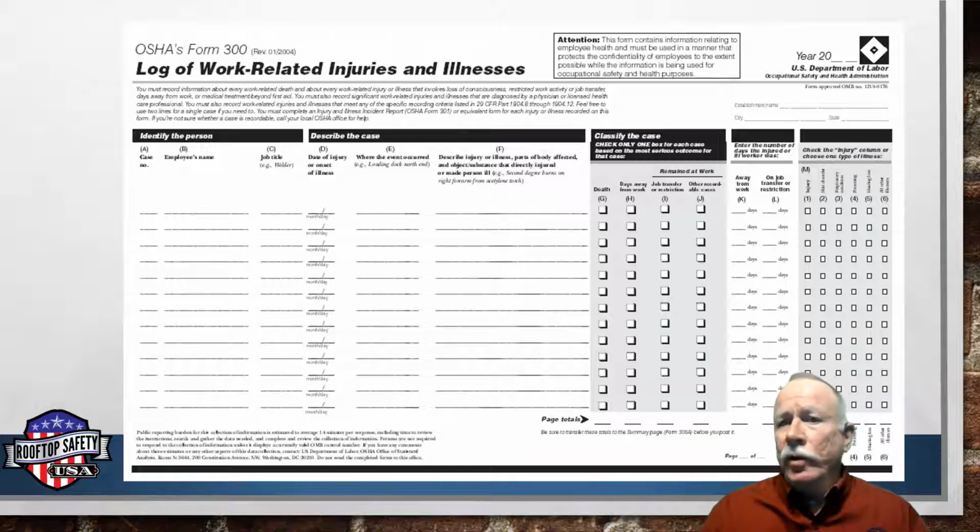So this is the OSHA 300. This is also kept in your private company files. This form is not made public. You don't post it in the workplace, but it is subject to review by OSHA.